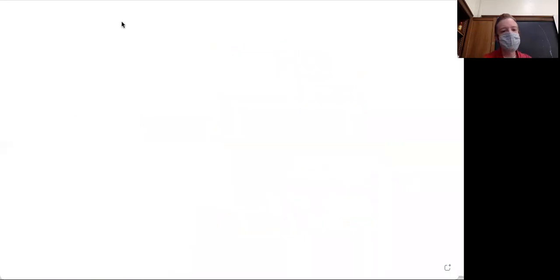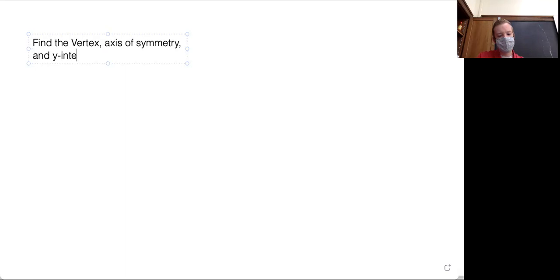All right, so just as we saw last week, we're going to have the same types of instructions. Find the vertex, axis of symmetry, and y-intercept. Determine if the vertex is a minimum or maximum.